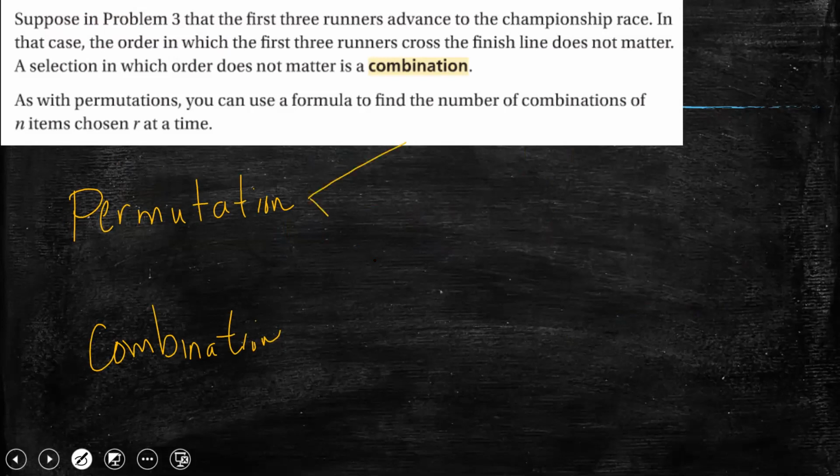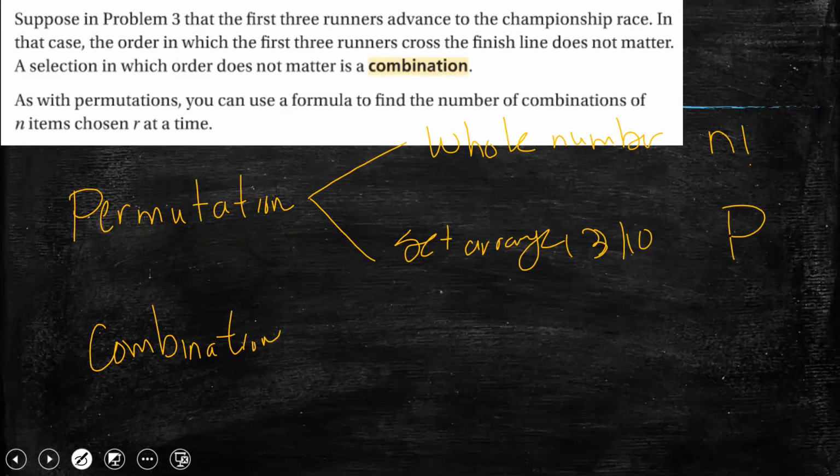Permutation, I have 2 things. If I want to take the whole number, I have to use the factorial. If I want to take an arranged set of numbers, I mean, like 3 from 10, I will use the permutation.